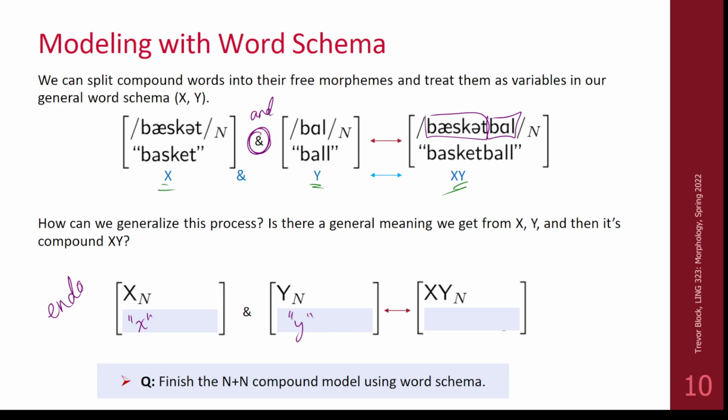So for the meaning, we can say type of y that relates to x. So if this was windmill, for example, we would put wind here, mill here. We would end up with windmill, and we know it's a type of mill that relates to wind. So that's how we can do this with the word schema.